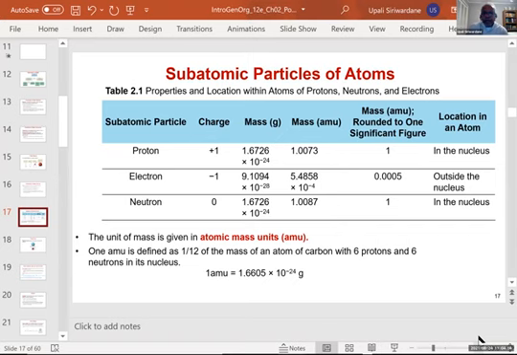Protons and neutrons are in the nucleus. The protons have one positive charge, neutrons have zero charge, they are neutral. The electron has an equal but negative charge to that of a proton.